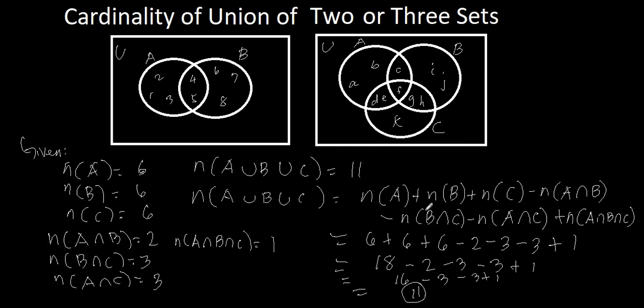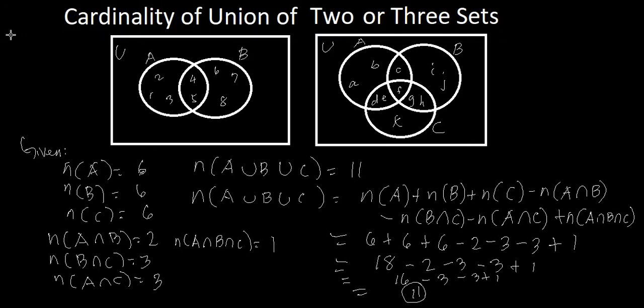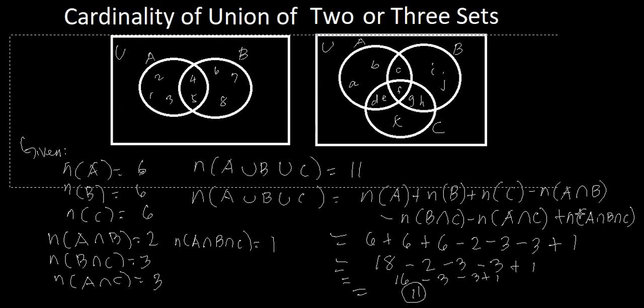Now let's have examples applying the formula without a Venn diagram by just using the given cardinalities of the given sets. But let's have more space, so let's erase everything here.